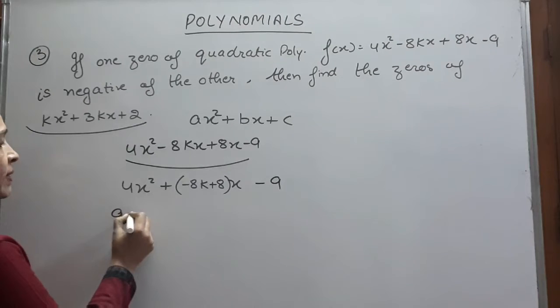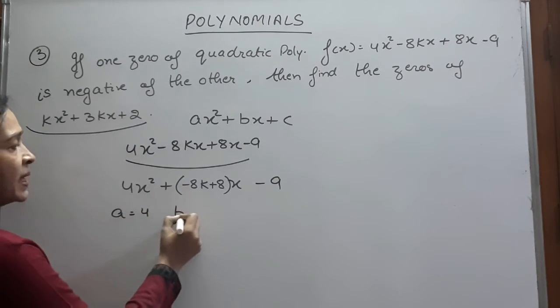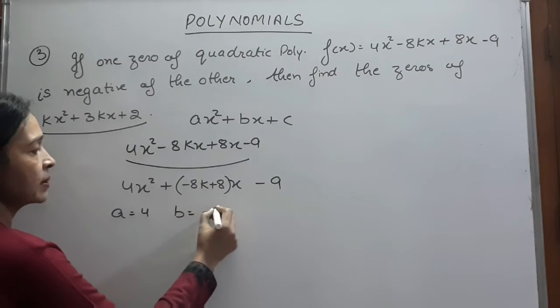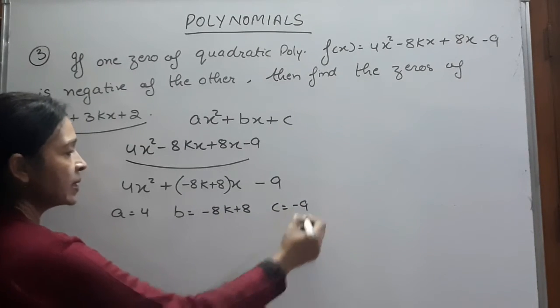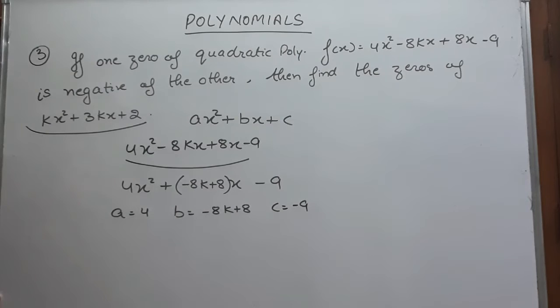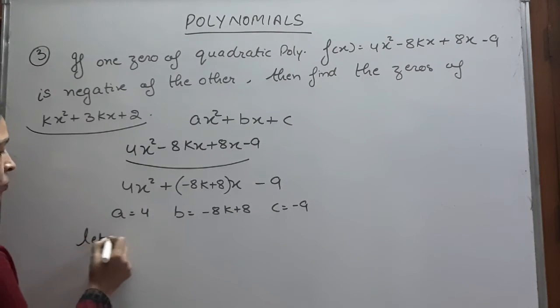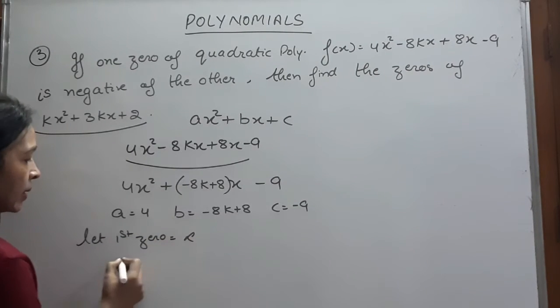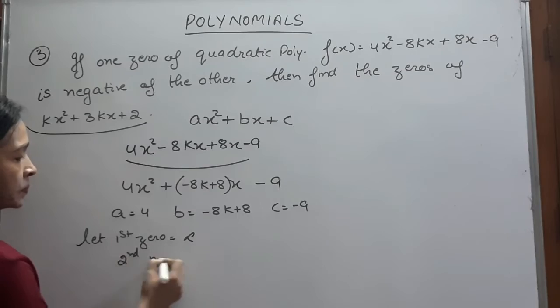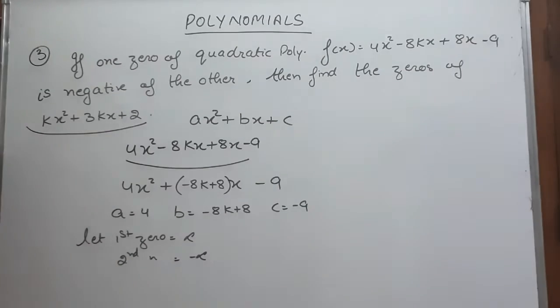Now, what is a in our case? 4. What is b? Coefficient of x: minus 8k plus 8. And what is c? Minus 9. Now, it is given that one zero is the negative of the other. Let us suppose one zero is alpha and the other will be minus alpha.